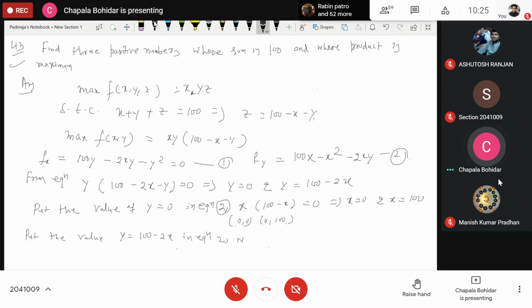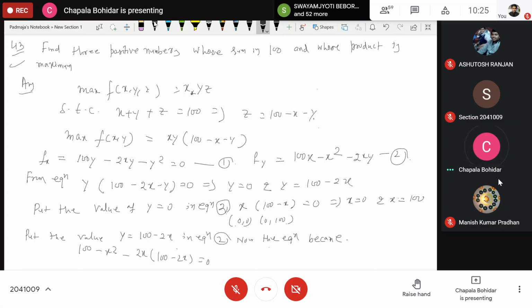So now the equation became 100 minus x square minus 2x into 100 minus 2x equal to 0.